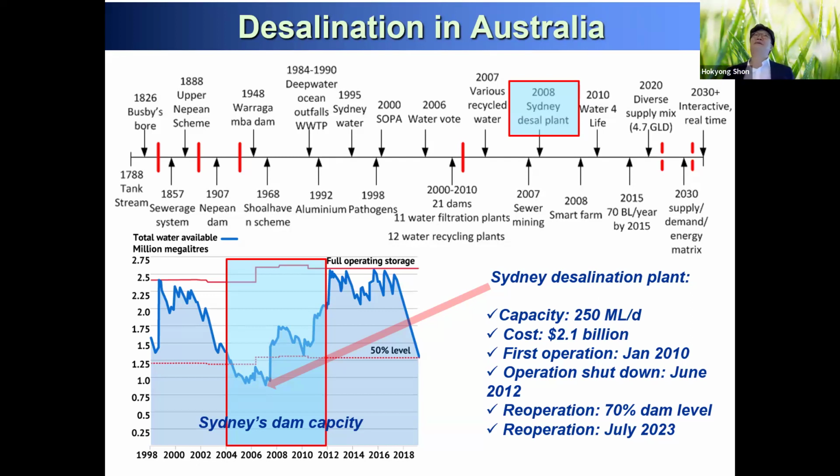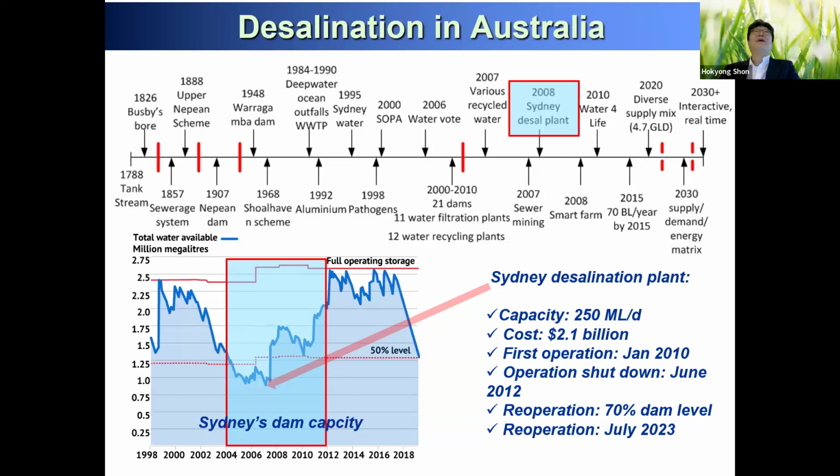Government, right. Sydney Water. The government supplied taxpayer money, and Sydney Water designed it, and then they had the ownership of the Sydney desalination plant, and they spent $2.1 billion of taxpayer money. And then after 3 years of operation, a lot of people complained, especially environmentalists. You spent $2.1 billion of taxpayer money, and you operated only 3 years.